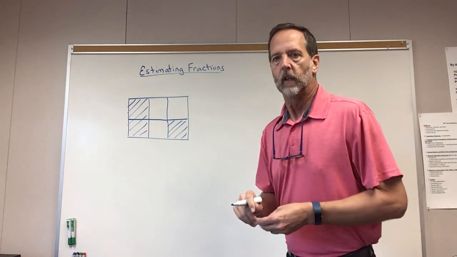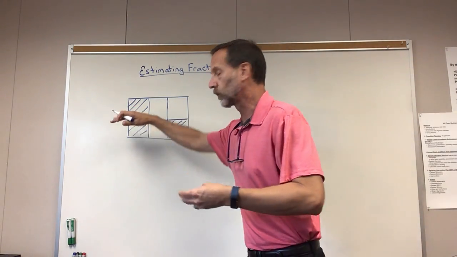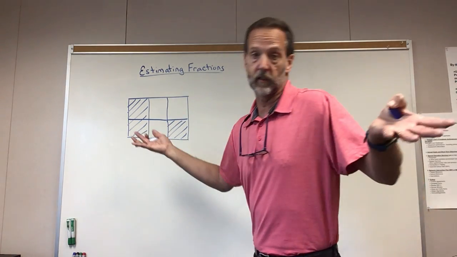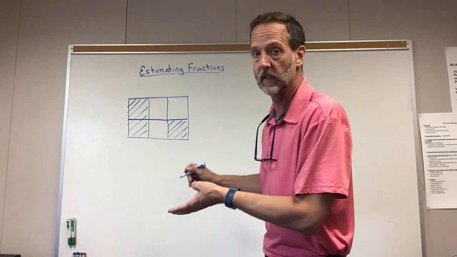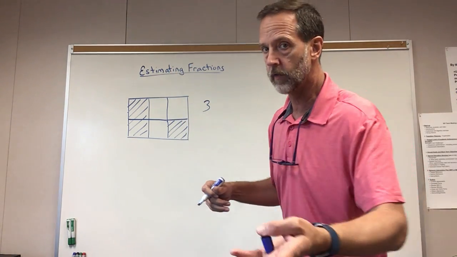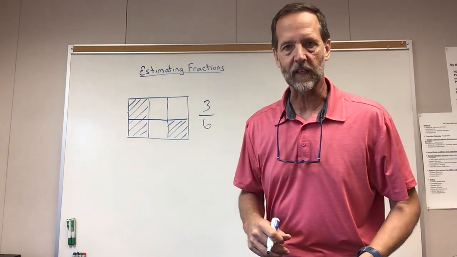So the very first thing I did, you have to draw the line so that all the pieces become the same. And now it's just name the fraction. What fraction is shaded? There are how many shaded pieces? 3. That's my numerator, the part I'm looking for. The total, 6. So I get 3/6.